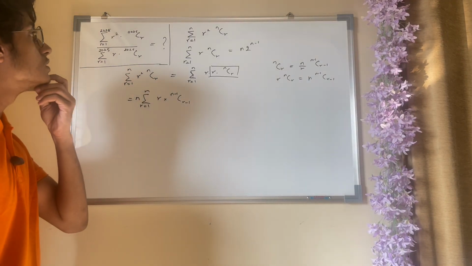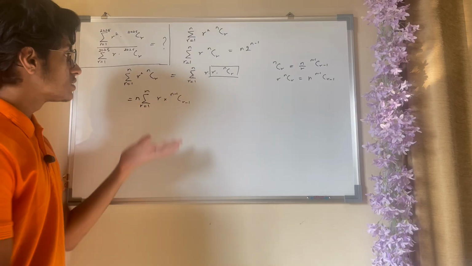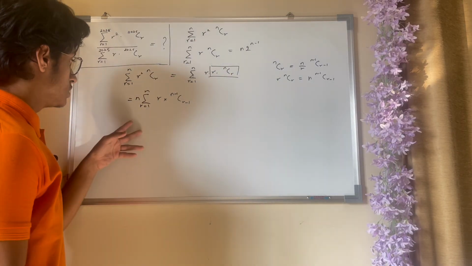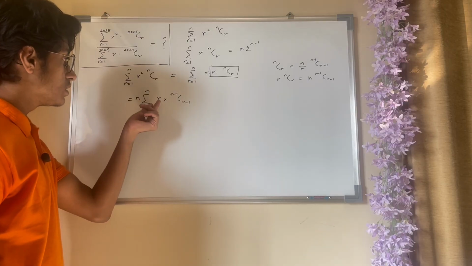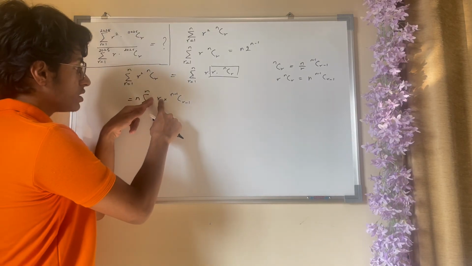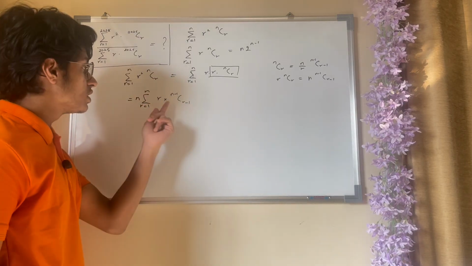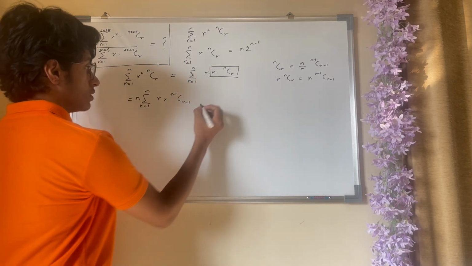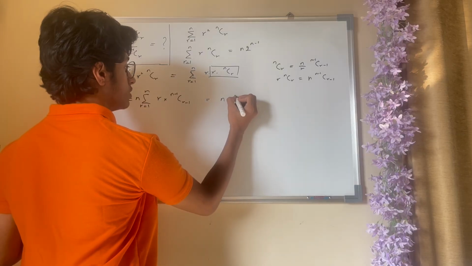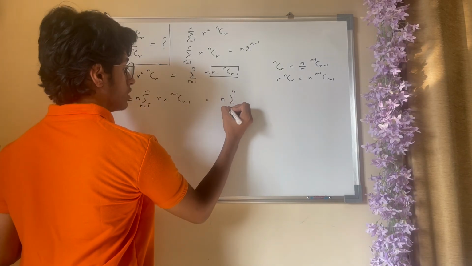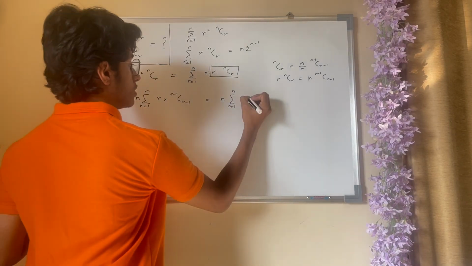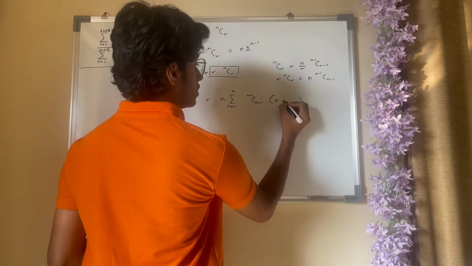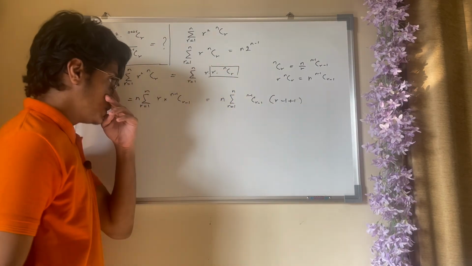Now this can be made in this form, but how? Let's add and subtract 1 here, so that we get r minus 1 in product with this, that is n sigma r equal to 1 to n of (n minus 1)C(r minus 1) as it is, minus 1 plus 1.